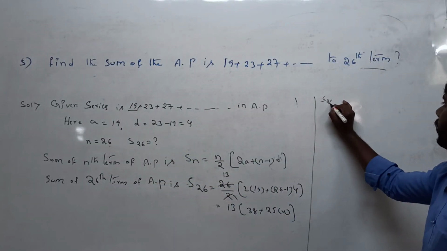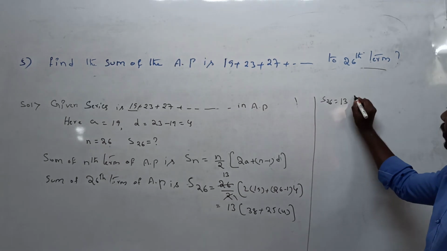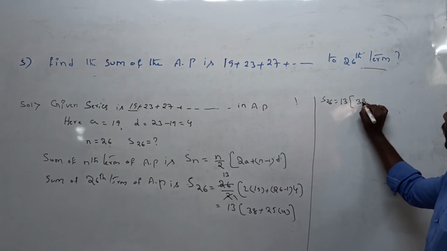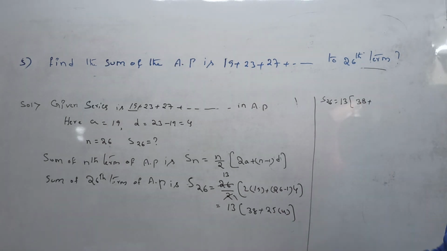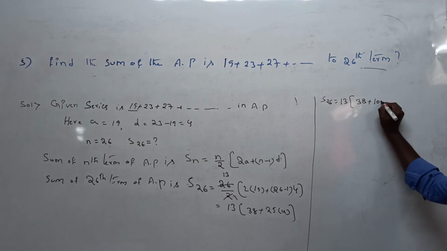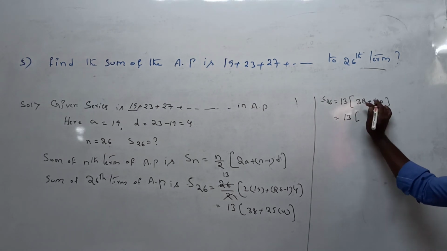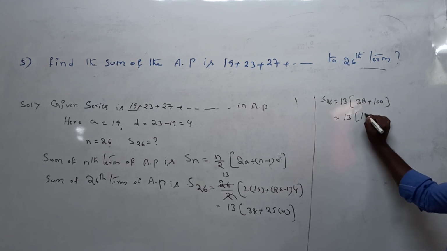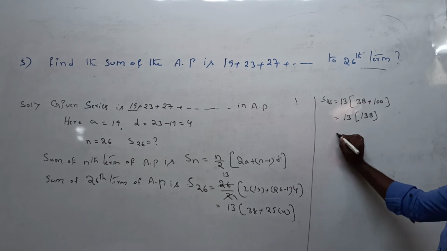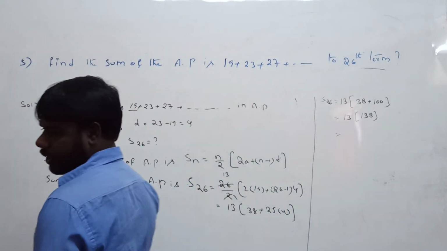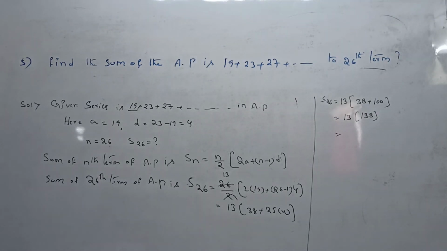Now simplify the values. Sum of 26th term is equal to 13 into 38 plus 25 into 4 is 100, which is equal to 13 into 38 plus 100 is 138. What is the value of 13 into 138?